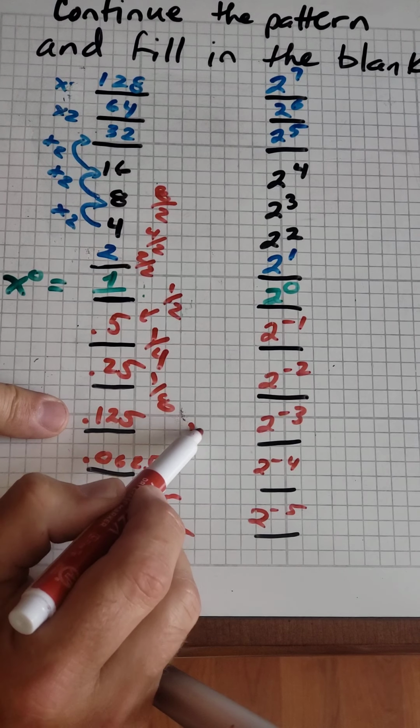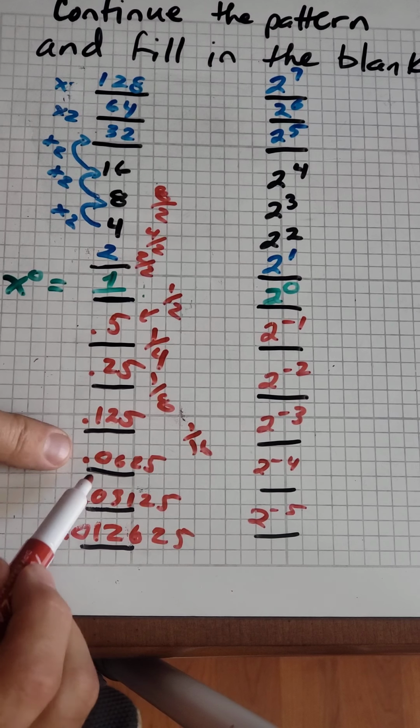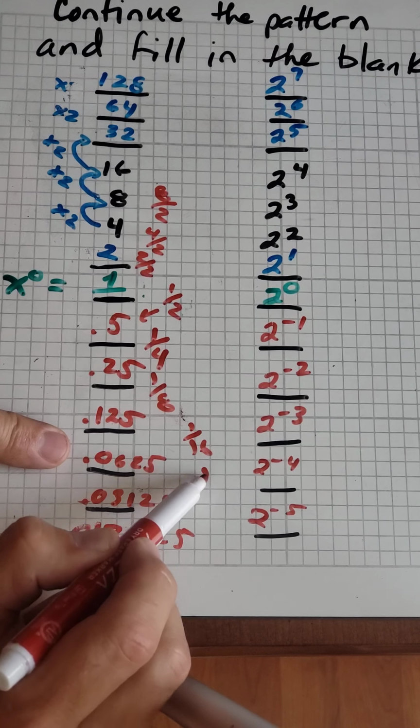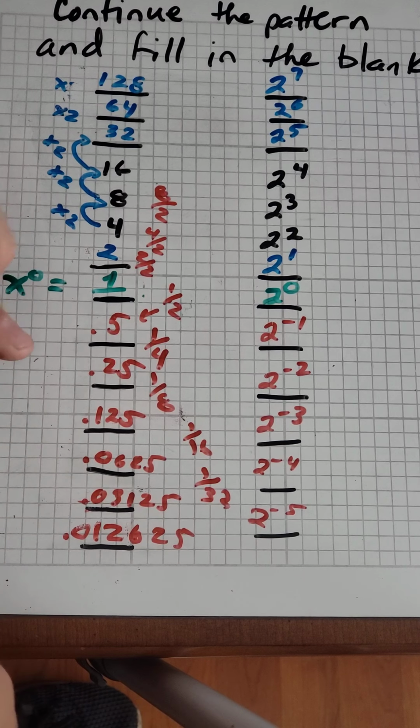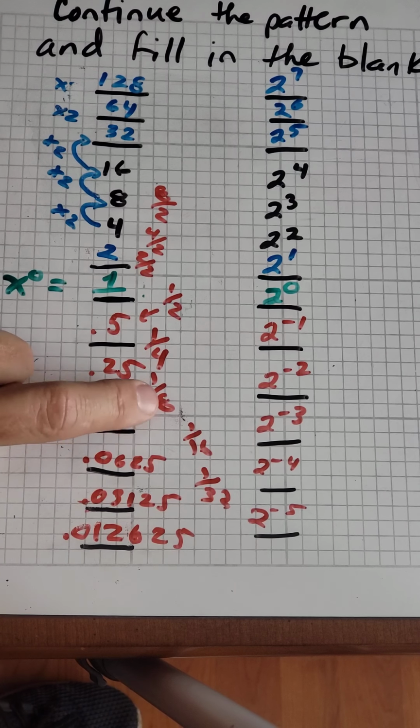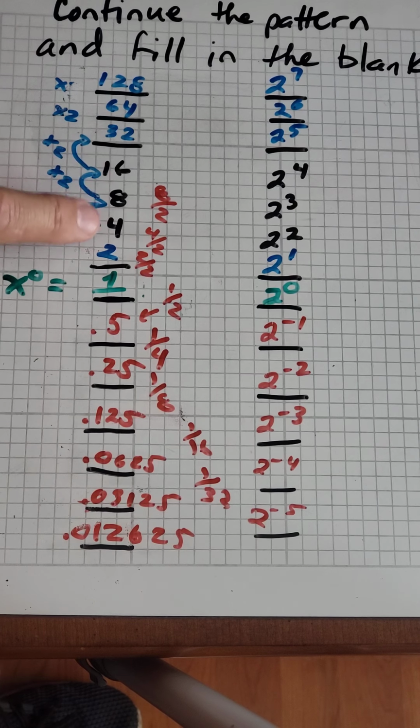And then 1 divided by 16 is this one. And 1 divided by 32 is that one. So written in fraction form, what you might start to notice is these denominators are the exact same as these numerators over here.